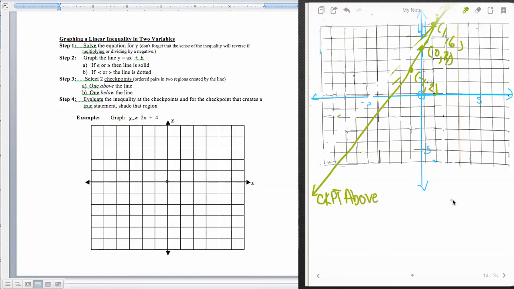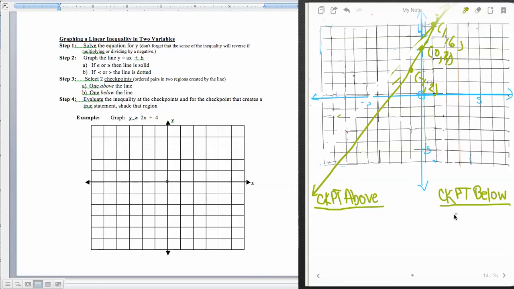Any point above and any point below will do. I always choose what I would call an easy point, something that's easy to plug in and simplify.